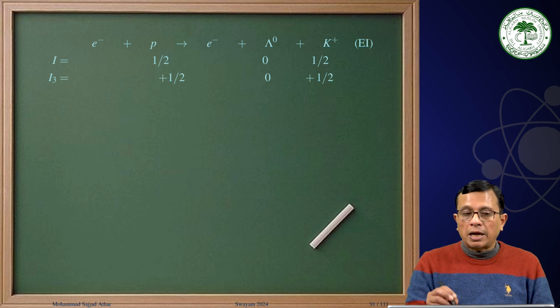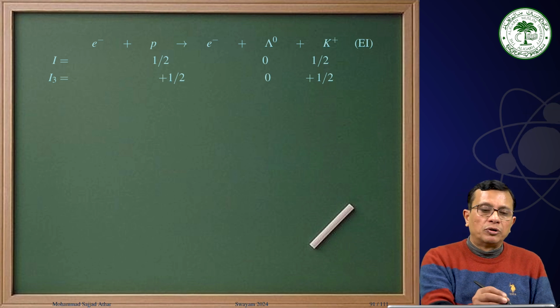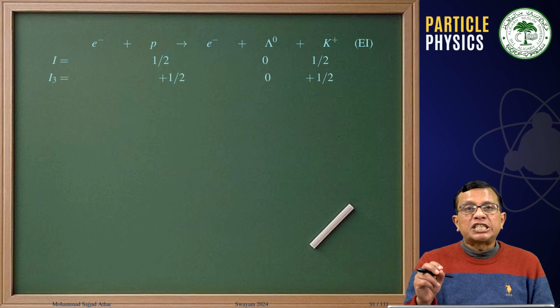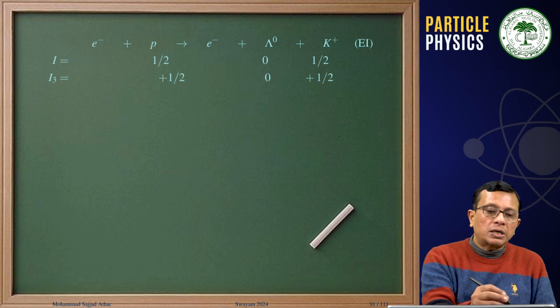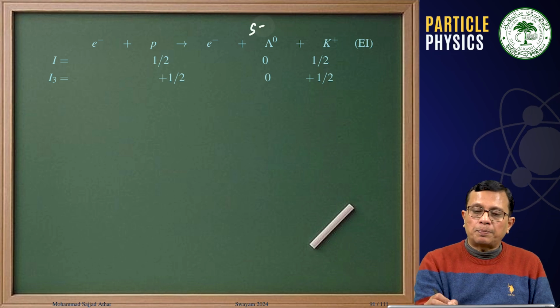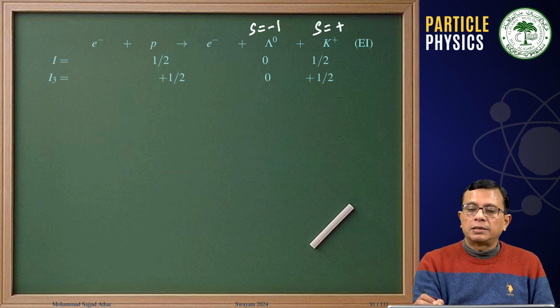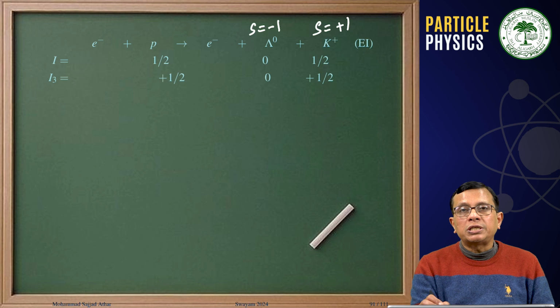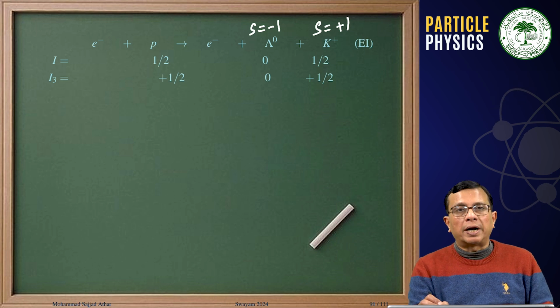Besides that, there is another important catch. If you notice, lambda and K plus both are strange particles. And what is the strangeness quantum number? For lambda this is minus 1, and here this is plus 1. Therefore, the total strangeness is conserved, and that means we are talking about associated production of particles.